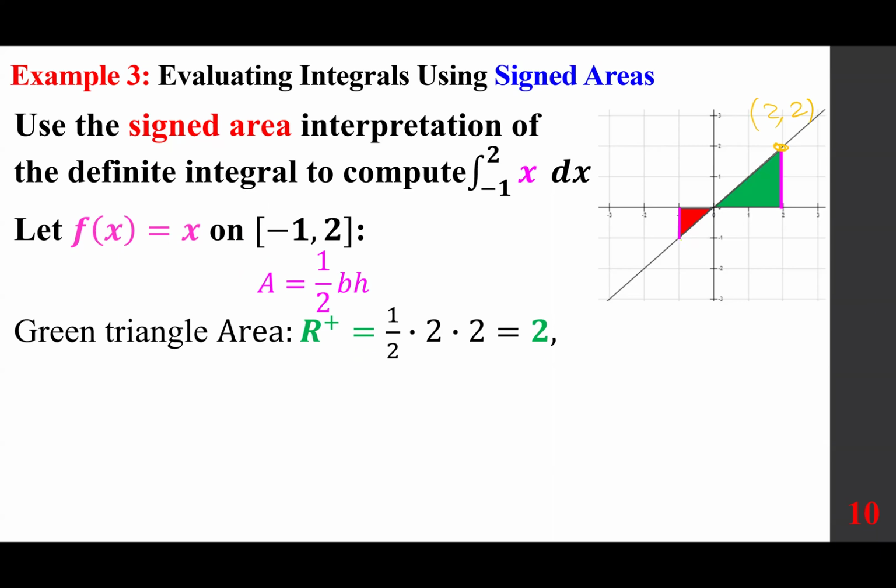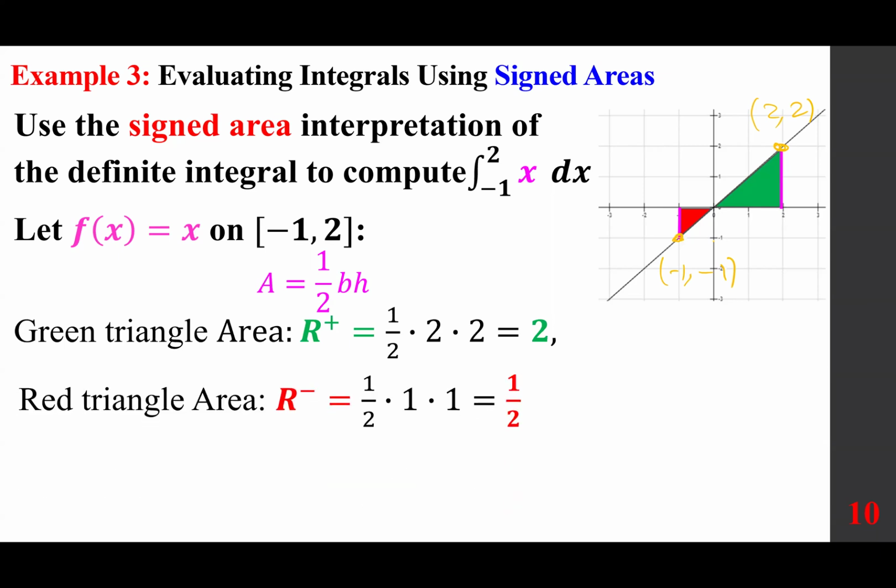The red one, from -1, gives a distance of 1 for each leg, half of 1 times 1, or 1/2. The difference between the two is 2 minus 1/2, or 3 halves, which is the answer.